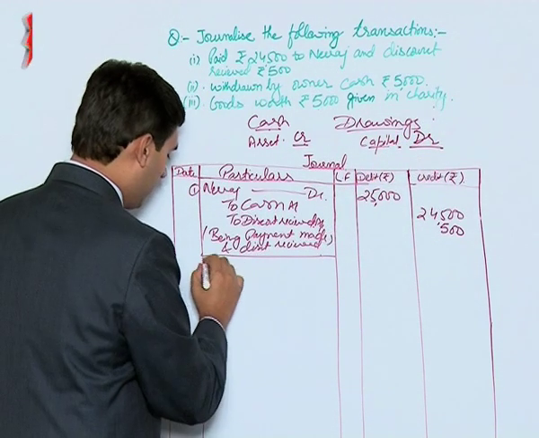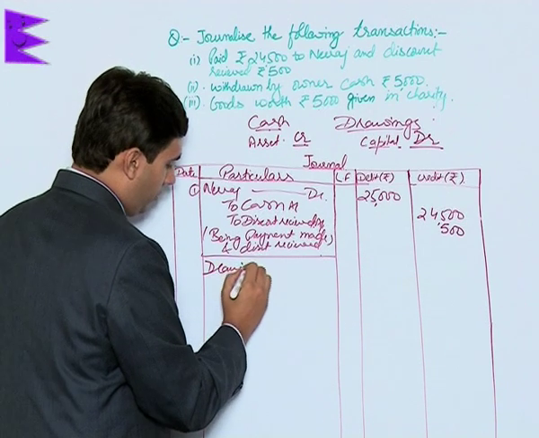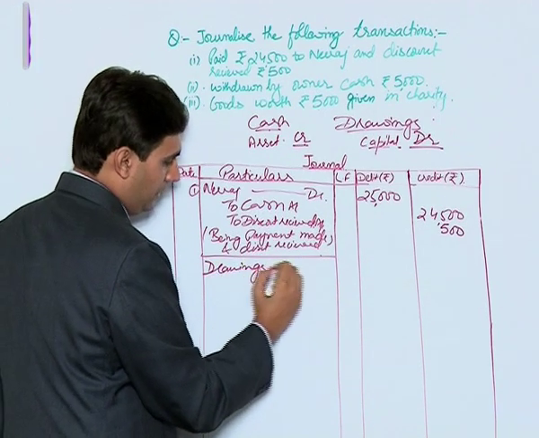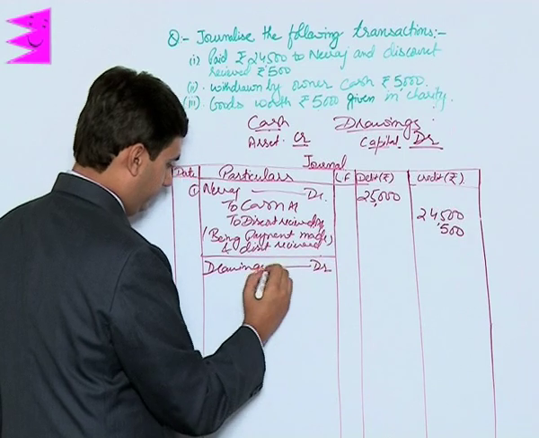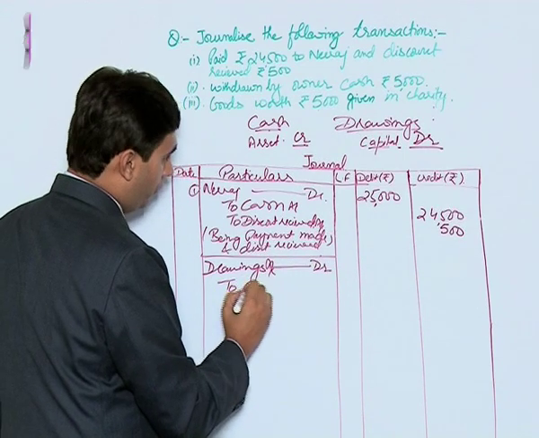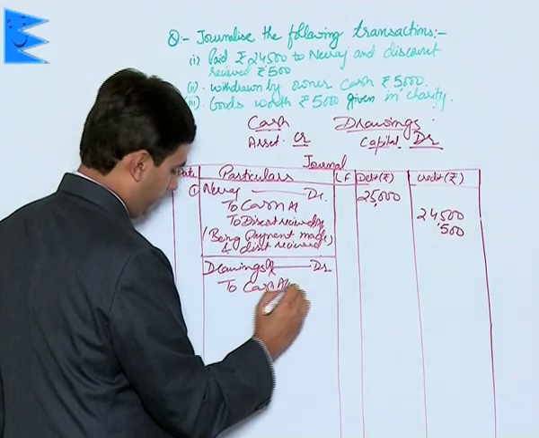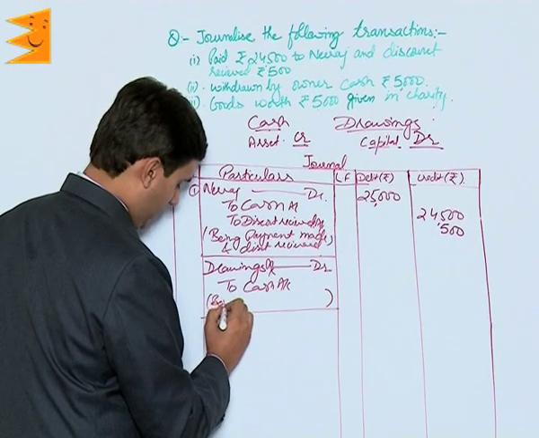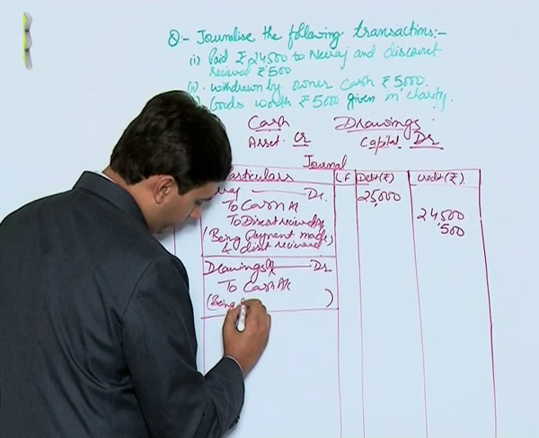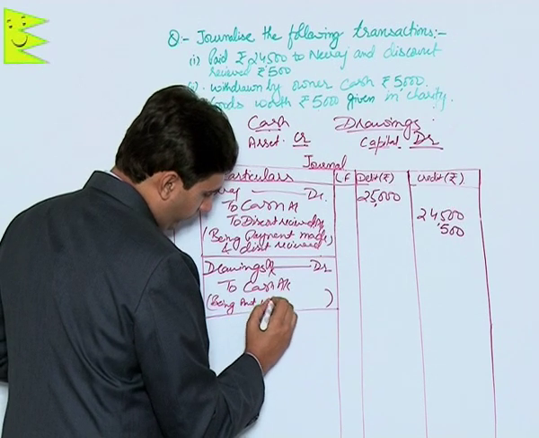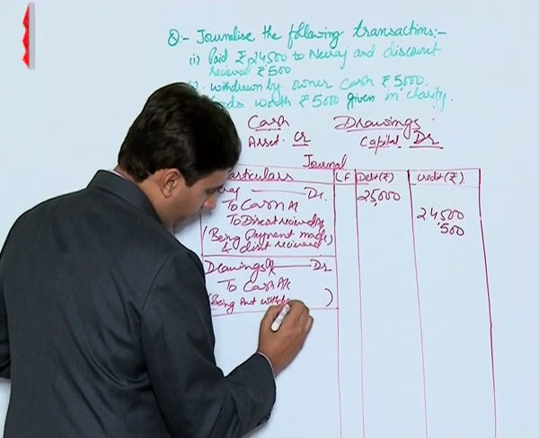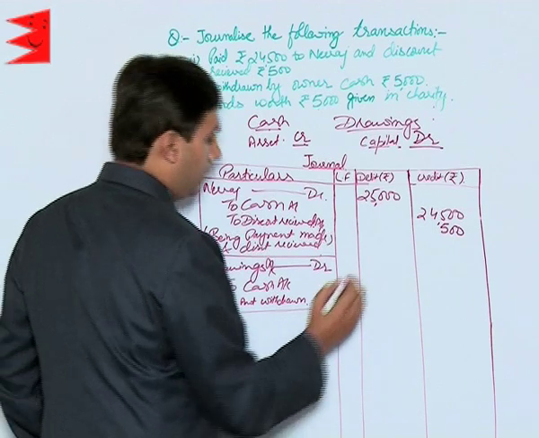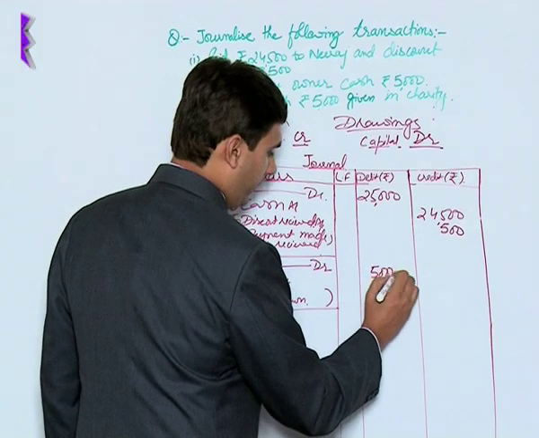So entry would appear as drawings debited to cash account, being amount withdrawn, and it is 5,000.